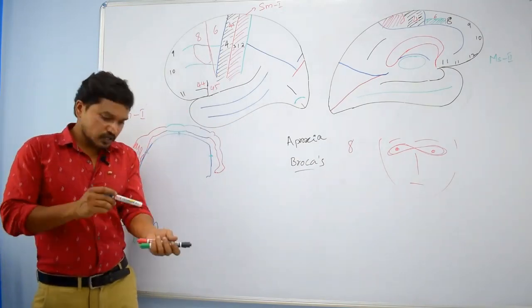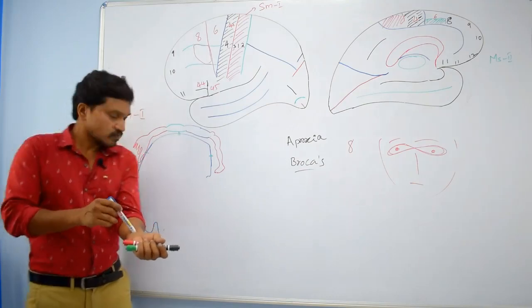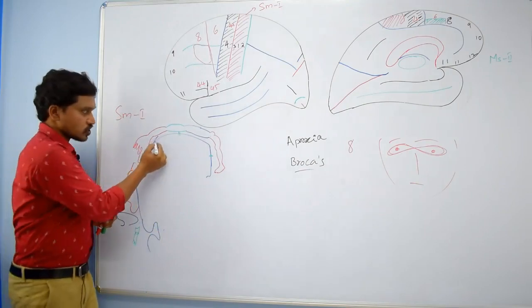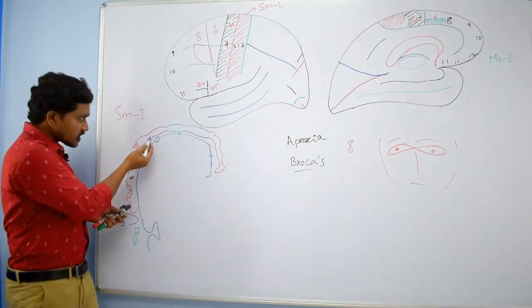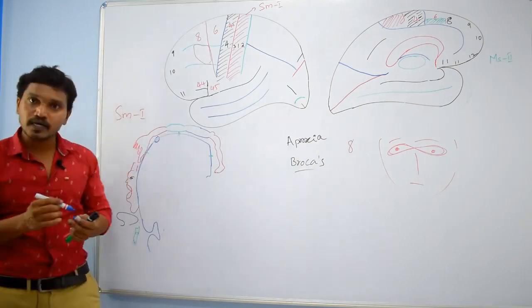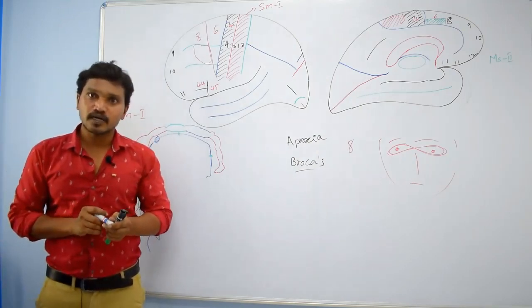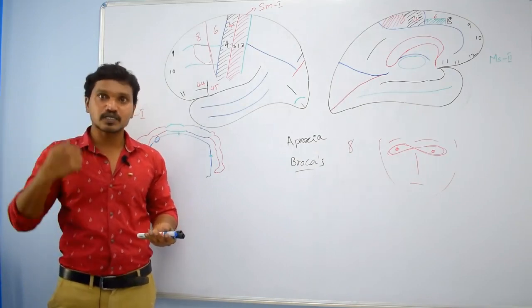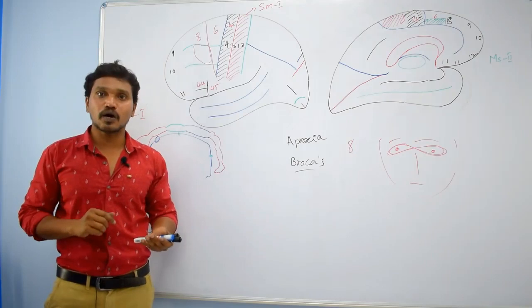That means if you stimulate here, somewhere here electrical activity will be noticed. Here it is wrist, here wrist. If you stimulate here, here electrical activity will be recorded, right? So that sensory representation is what we call the sensory homunculus.